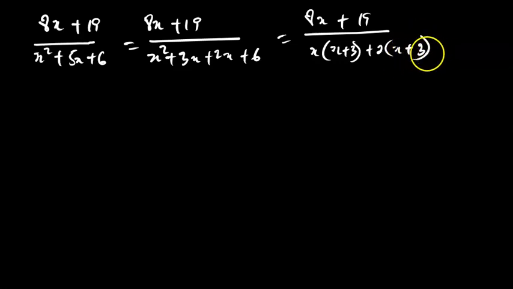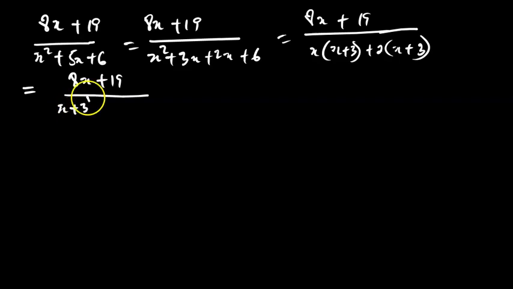I'm trying to factorize the denominator. So this is the same thing as 8x plus 19 over x plus 3 into x plus 2.